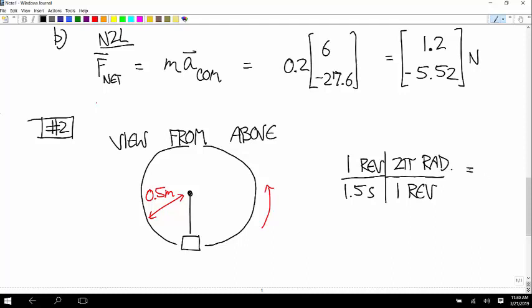And so you get 4 pi over 3 radians per second. The mass of the block is 2 kilograms. We want to calculate the net force.